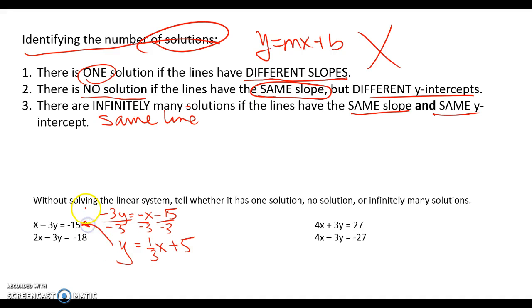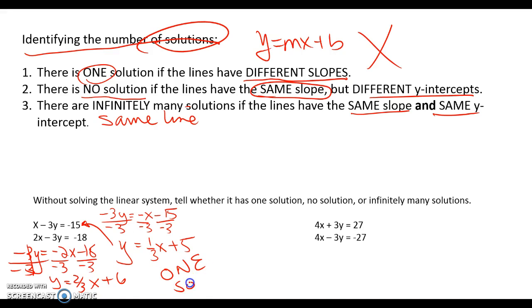Let's try this one. We'll say -3y equals -2x minus 18. Divide by -3. y equals 2/3 x plus 6. Well, guess what? Different slopes means one solution.